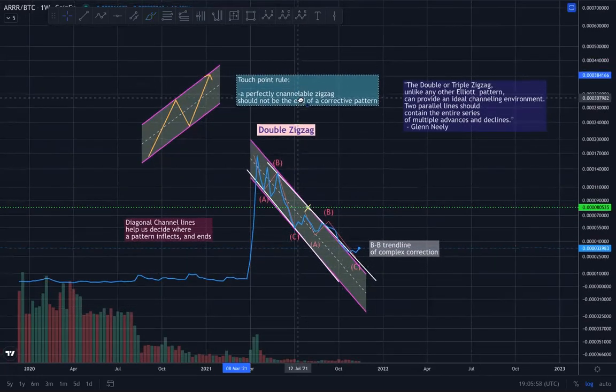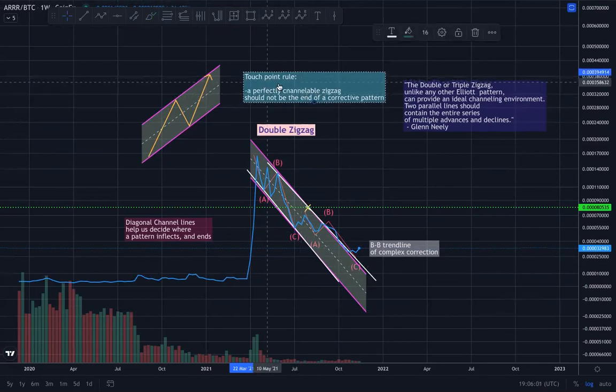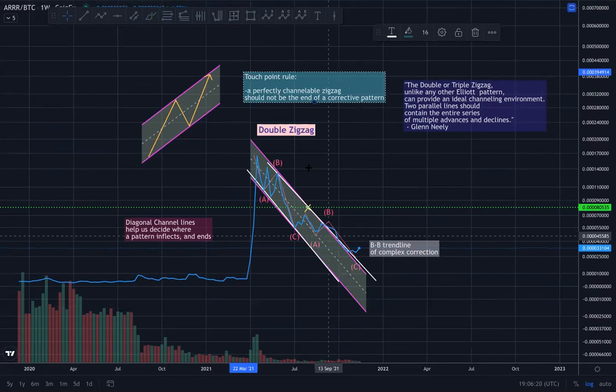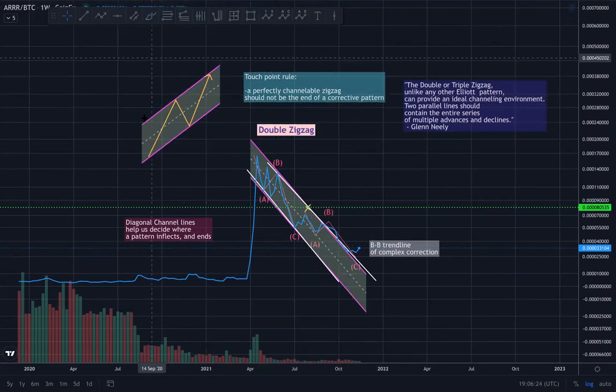But what's happening? What does that come from? That comes from this touch point rule. The touch point rule basically says that a perfect channelable zigzag should not be the end of the corrective pattern, meaning there are these touch points.